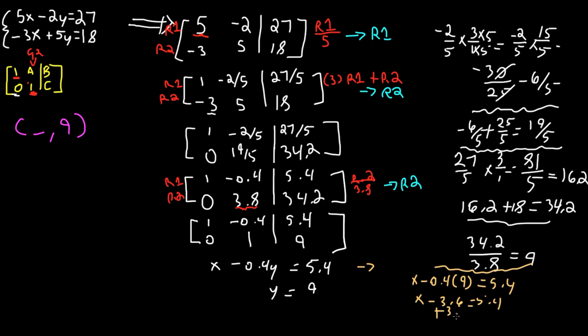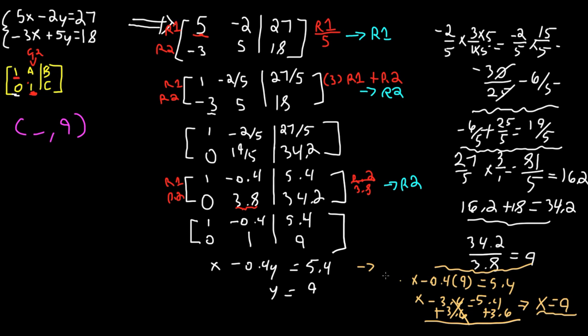Now we're going to add 3.6 to both sides. So these cancel out, and that gives us x equals 5.4 plus 3.6. That should be 9. Yep, that equals 9. So x also equals 9.